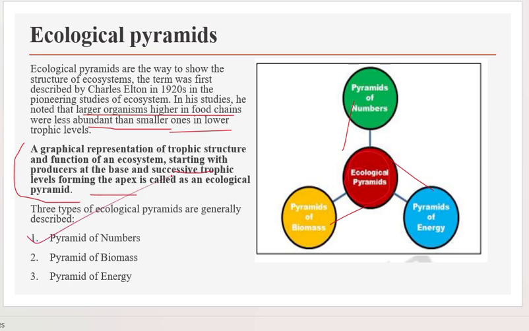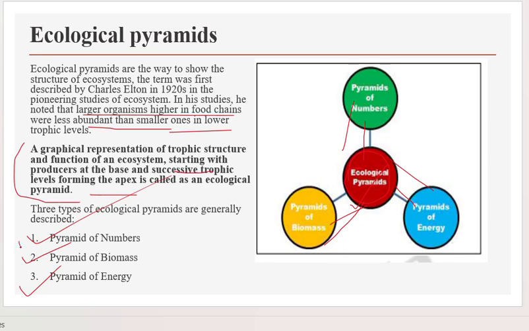The first is pyramid of numbers, then pyramid of biomass, and the third is pyramid of energy. Here is a diagram of the pyramid of numbers, pyramid of energy, and pyramid of biomass.